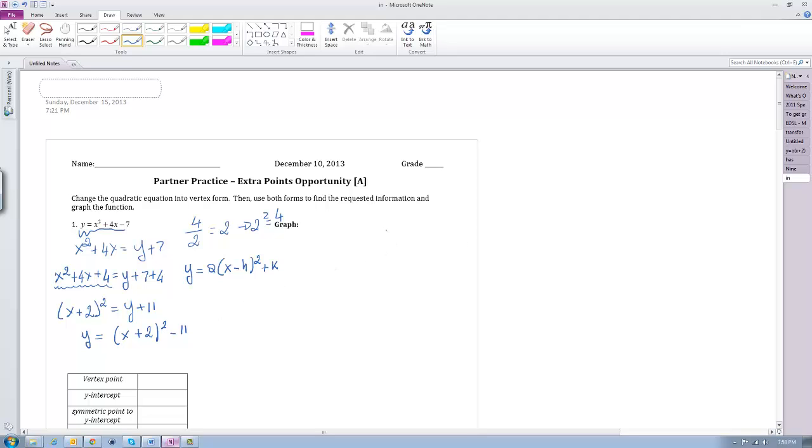So if we were to draw the graph, the graph looks like this. It would be a parabola.